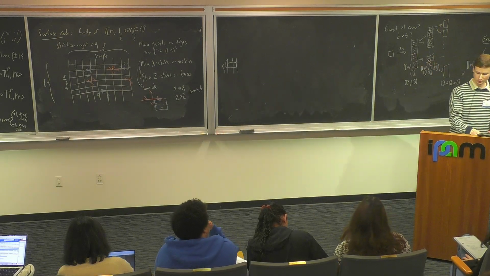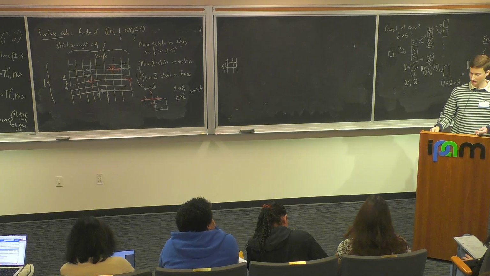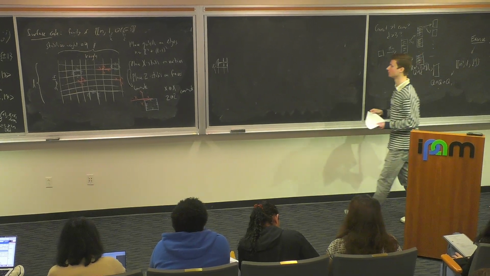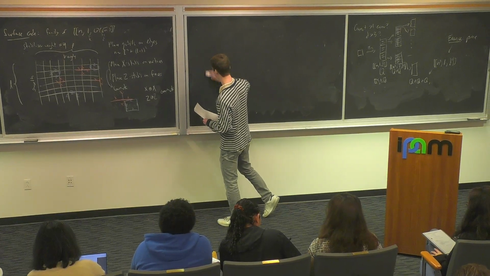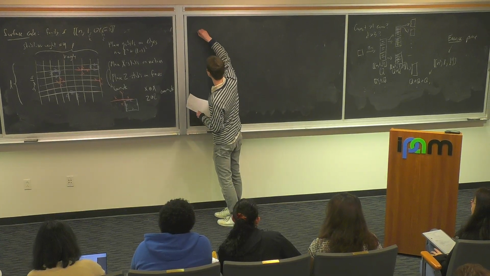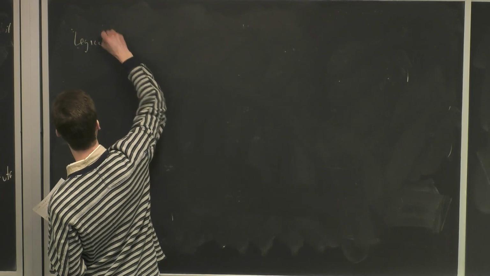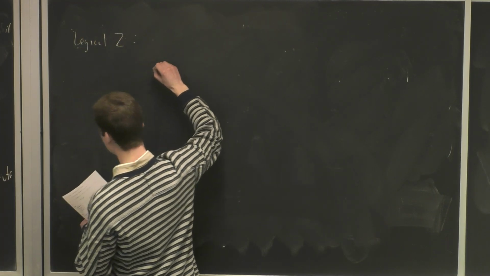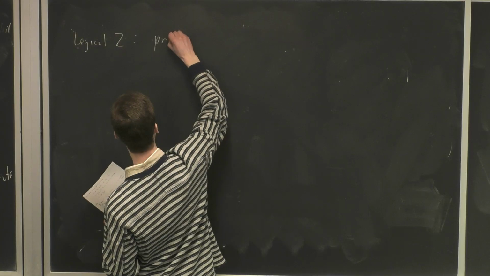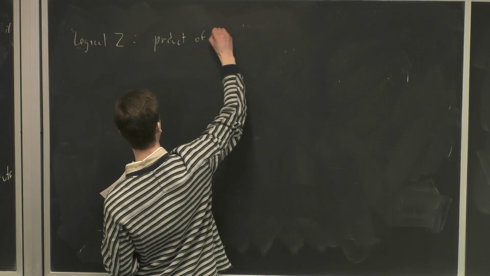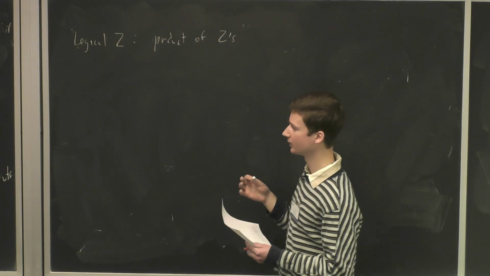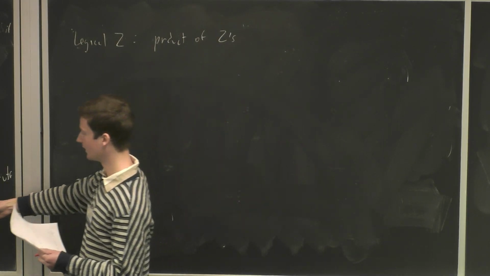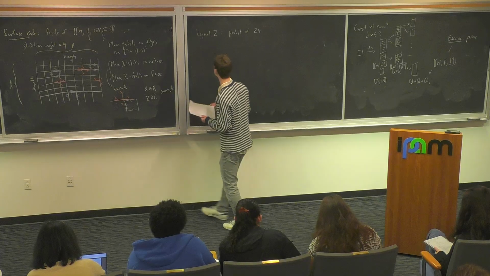Well, it's something that commutes with all the stabilizers, but is not itself a stabilizer. So for instance, a logical Z operator is a tensor product of Pauli Z's that commutes with all the X stabilizers, which means that it has an even size intersection with every X stabilizer.